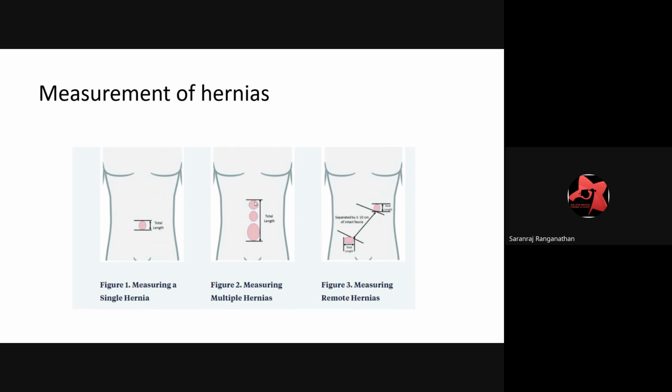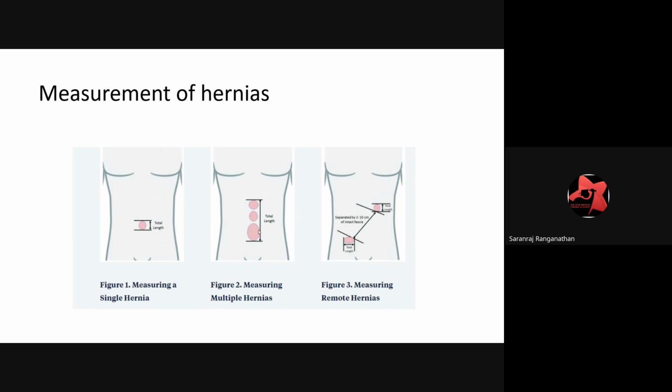Like in this image, there are three hernias in total. Between this hernia and this hernia there is a 0.5 centimeter gap, and from this hernia to this hernia a 3 centimeter gap. We have to add this hernia length along with the 3 centimeters, and this hernia length along with the 0.5 centimeter, and this hernia length. We have to calculate like that only.